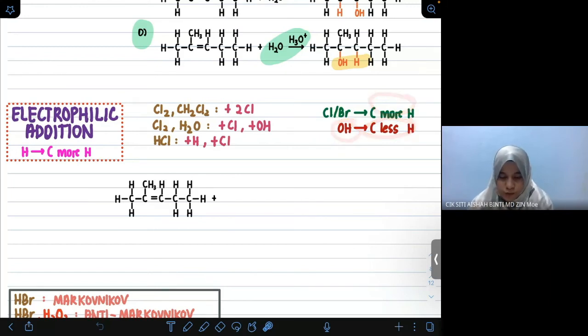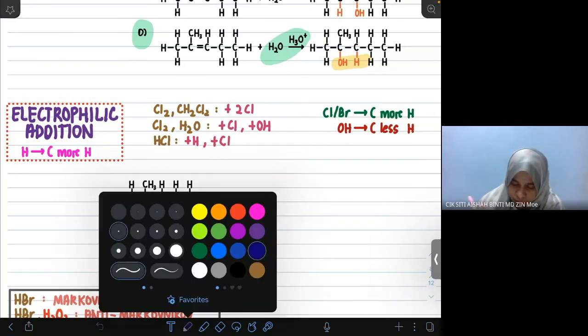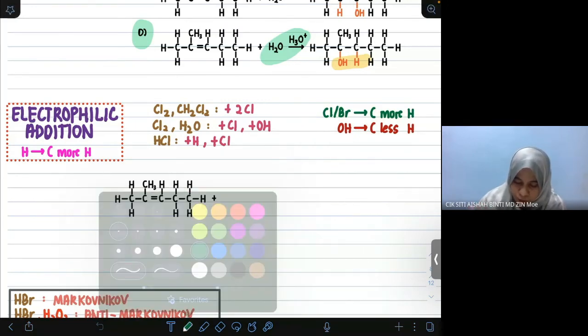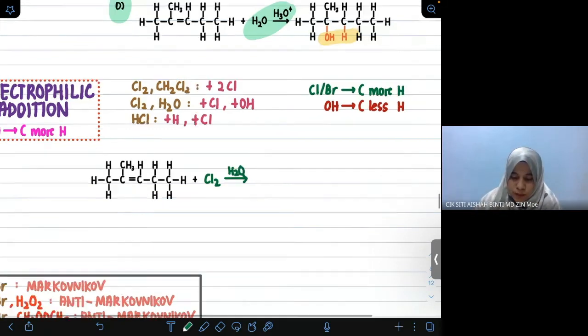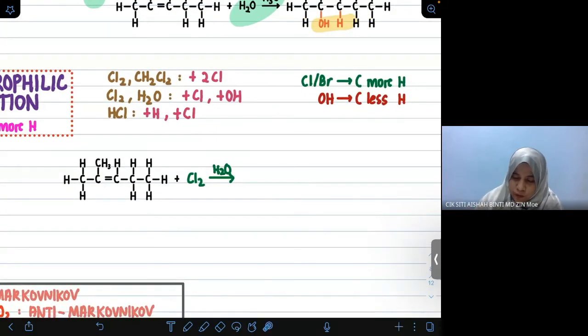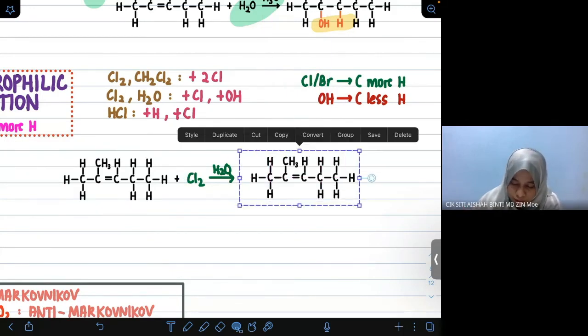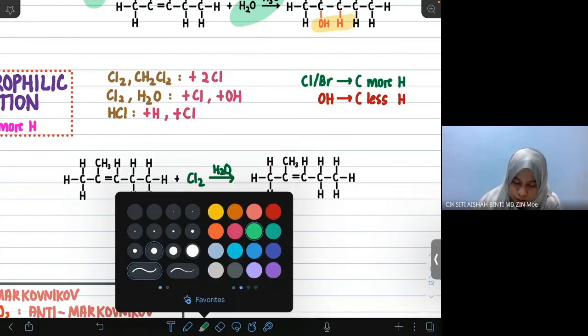Okay, so this reaction, how do we write down the equation itself? We write plus Cl2, and then we add H2O, chlorine and H2O. So again, what is the product? The chlorine or the bromine must be added to the carbon with more hydrogen. Earlier we determined which one has more hydrogen, and the one that has more hydrogen is this one.